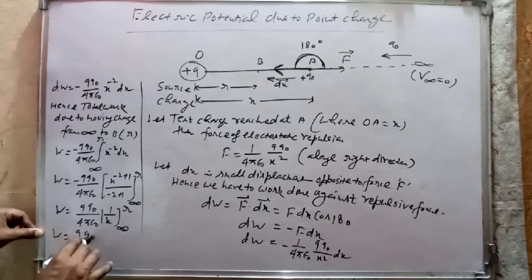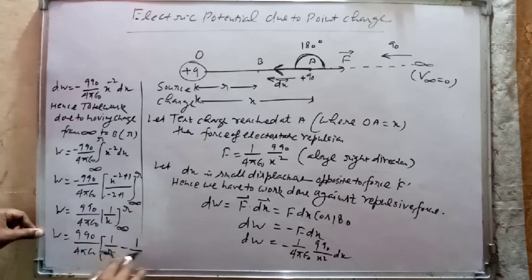W is equal to Q Q naught over 4 pi epsilon naught, times 1 upon the upper limit r minus 1 upon the lower limit, which is infinity.